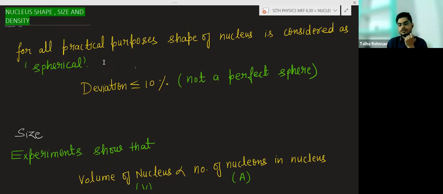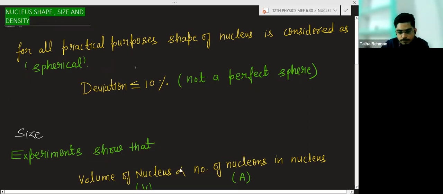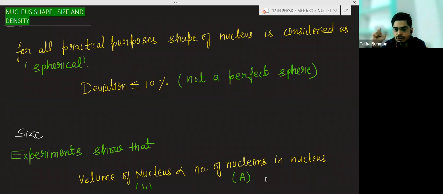The nucleus was discovered by Rutherford, and from his experiment it was found that the volume of the nucleus is directly proportional to the number of nucleons in the nucleus. Nucleons means protons plus neutrons inside the nucleus.